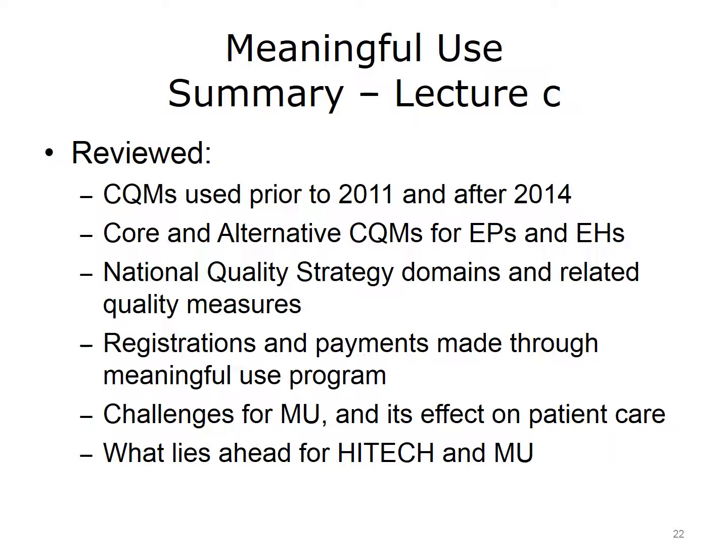We went over the National Quality Strategy domains and their related quality measures. We looked at the number of registrations and payments made through the Meaningful Use program. We examined the challenges for meaningful use, as well as its effect on patient care, both positive and negative. Finally, we briefly touched on the future of the HITECH Act and meaningful use.